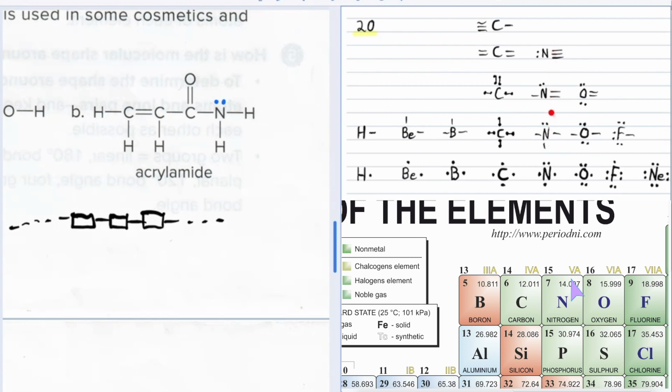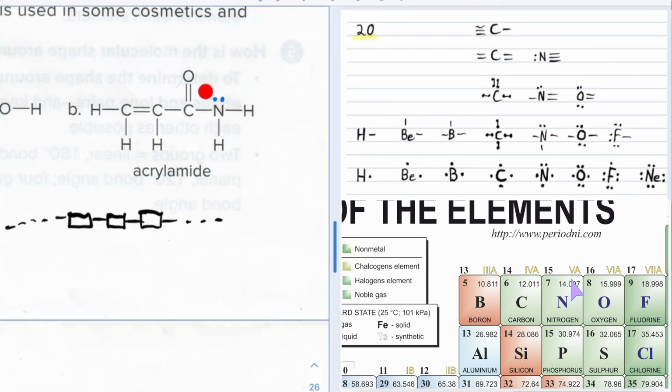It's not one of those. It's like this, and that is an octet. So you can see, the 2 electrons, and then each bond has 2. So 2 plus 4 plus 2 is 6 and 8. 2, 4, 6, 8. So by giving that the lone pair, this nitrogen now has an octet.